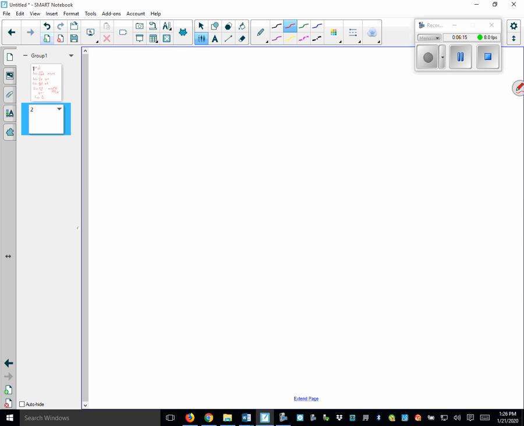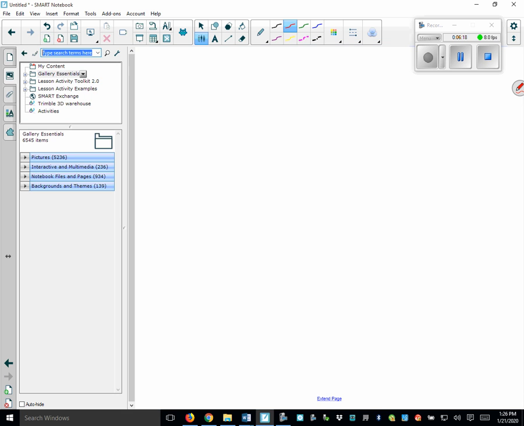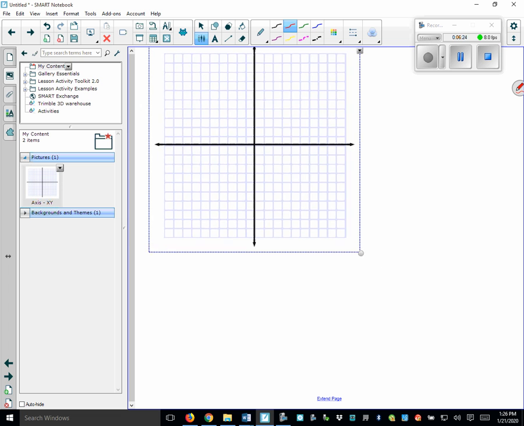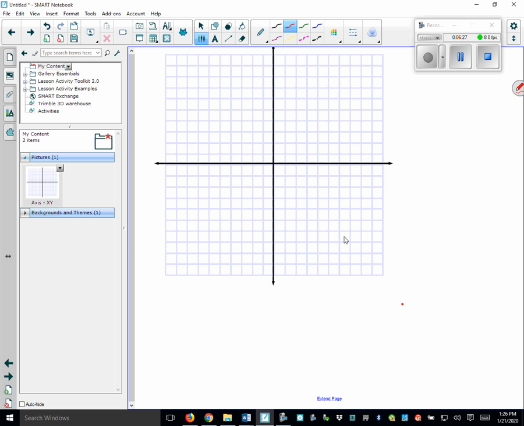So, let's graph one. The directions say graph the function.